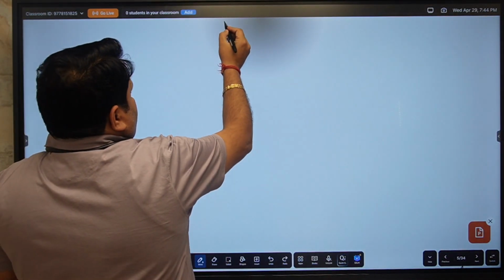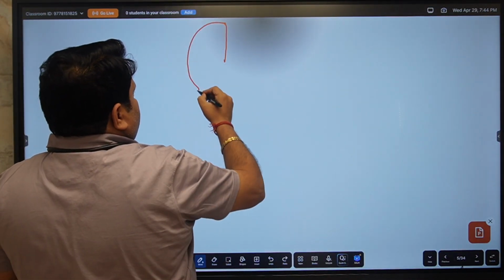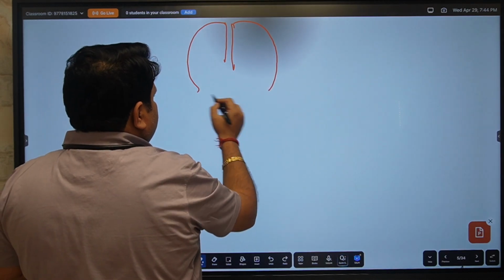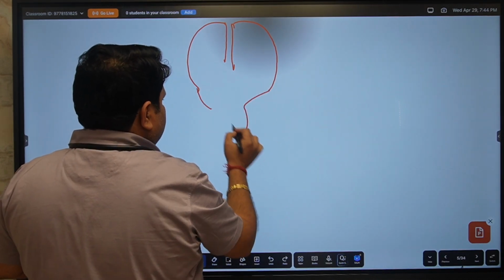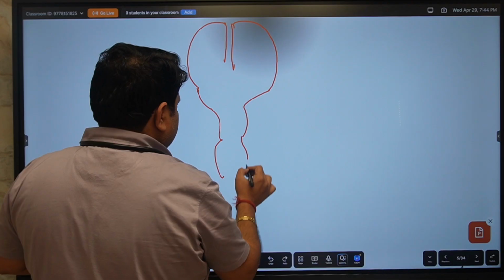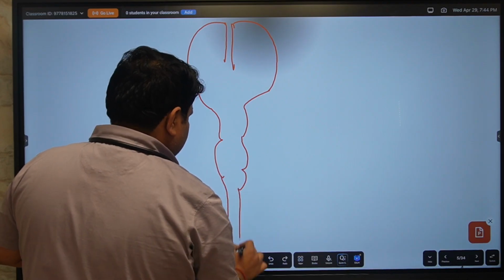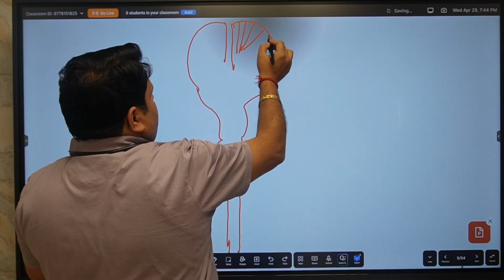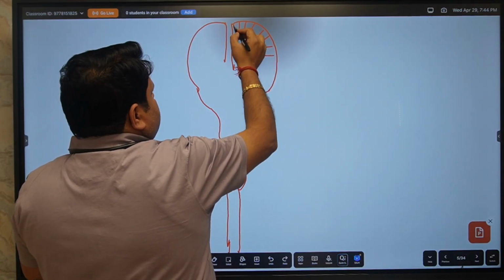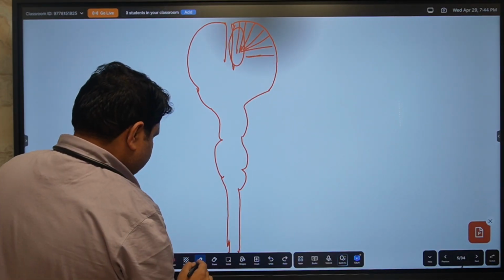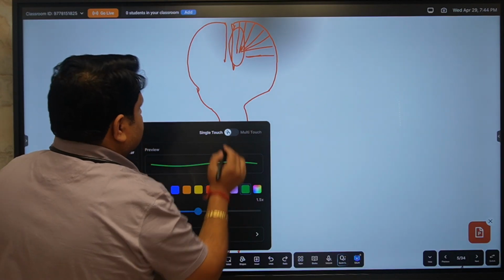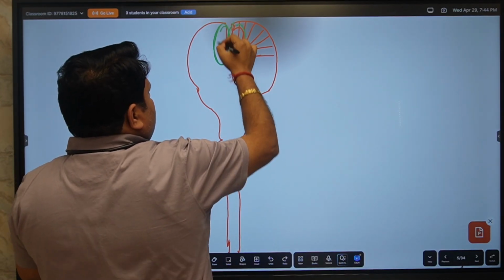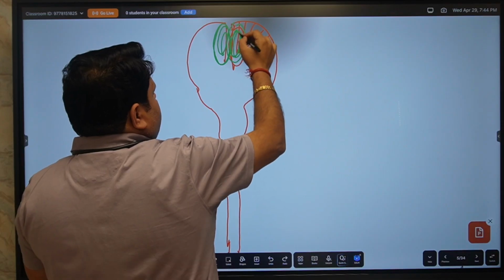So again, cortex, corticospinal fibers, these are the area of the lower limbs.